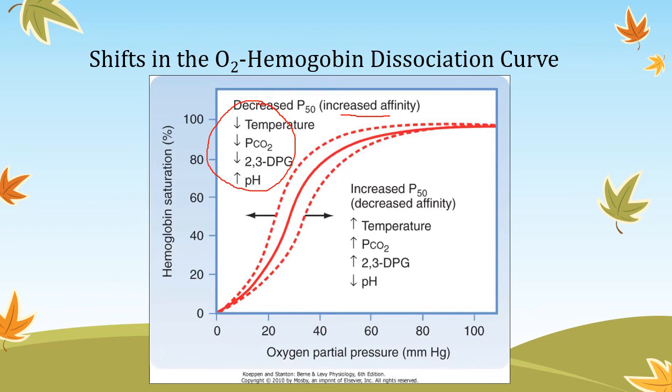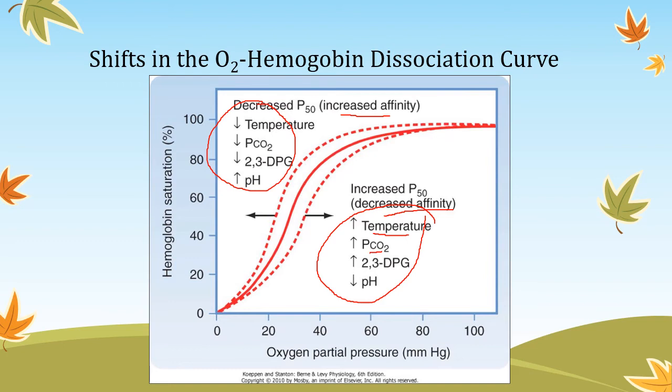And when these other things are happening, there will be a decrease in the affinity of hemoglobin towards oxygen. This characteristic of hemoglobin is really useful in a way that, when you're exercising, for example, you have an increase in temperature, and definitely you'll be producing more carbon dioxide, right?